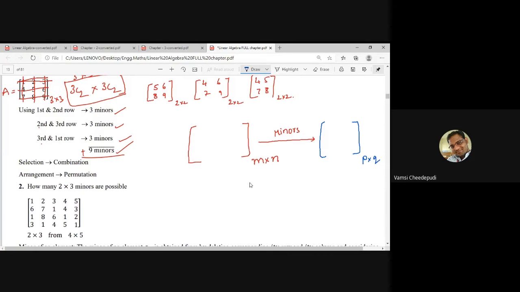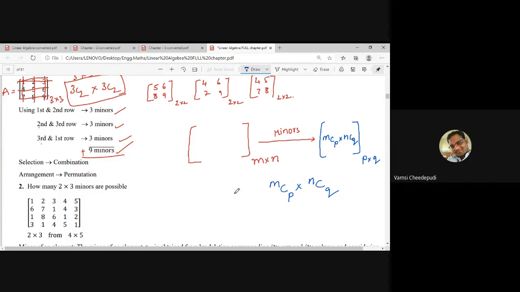From m rows you need to take p rows, mCp into nCq. From m rows you can take any p rows, and by the product rule, from n columns you can take any q columns. The possible number of minors is equal to mCp into nCq.